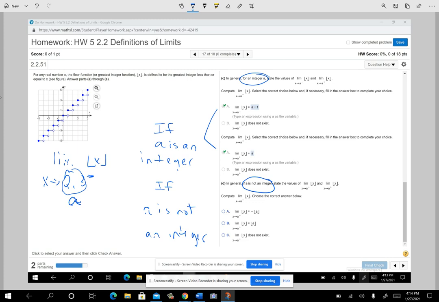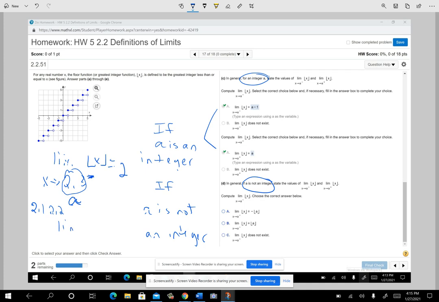If I'm approaching 2.3 from the left, that means I'm thinking about x starting out somewhere to the left of 2.3. So maybe at 2.1, and then what happens at 2.2, and so on. And what happens is I wind up getting that to be equal to 2.